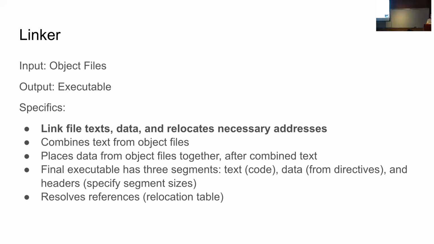It combines text from different object files, places that data from the object files in one file, and then it organizes all of the things it's linking in 3 segments: code, or text, data, and headers. And the headers specify location and segment sizes. And then also, as I mentioned, it resolves references in the relocation table.